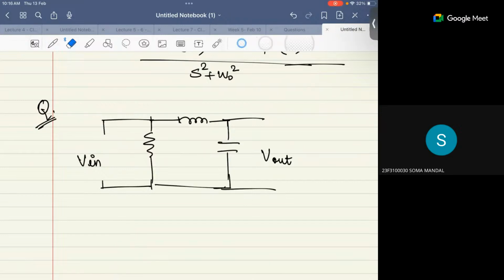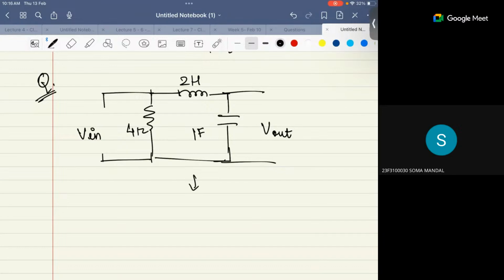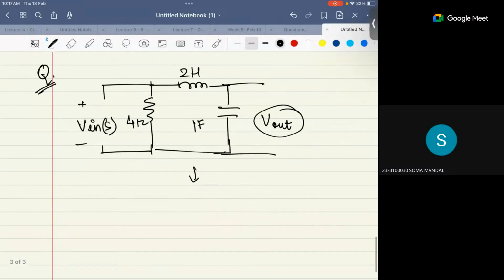You can just take it as 1 farad, any value, and 2 Henry, 4 ohm. So this circuit you first have to convert using the Laplace, and we have to calculate V out, in terms of V input itself. Initial condition has not been given.